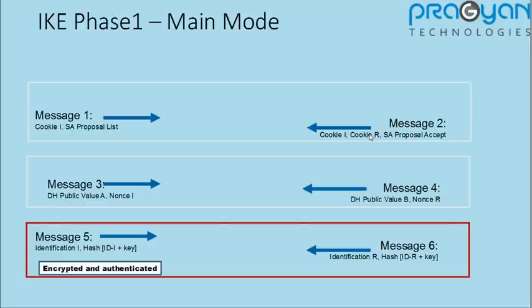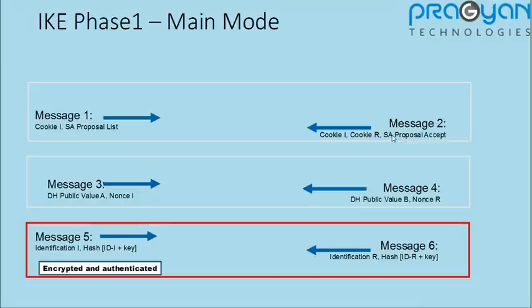So cookies are basically a number which is used to track a specific negotiation. There is no other role of cookies other than tracking a specific negotiation. So if your cookie pairs are the same, that means this is that specific negotiation. All messages for one IKE negotiation will have the same cookie.